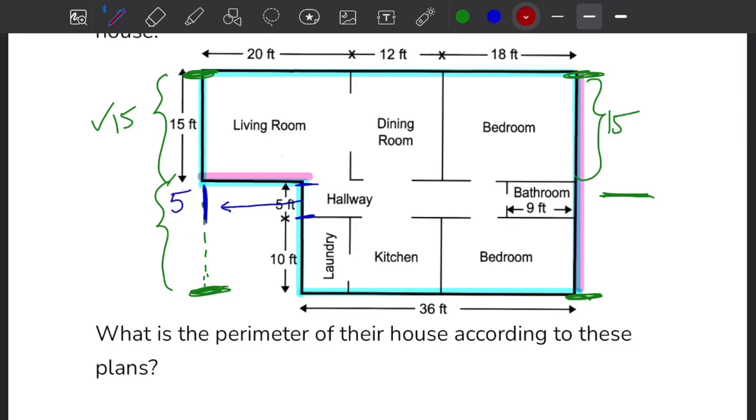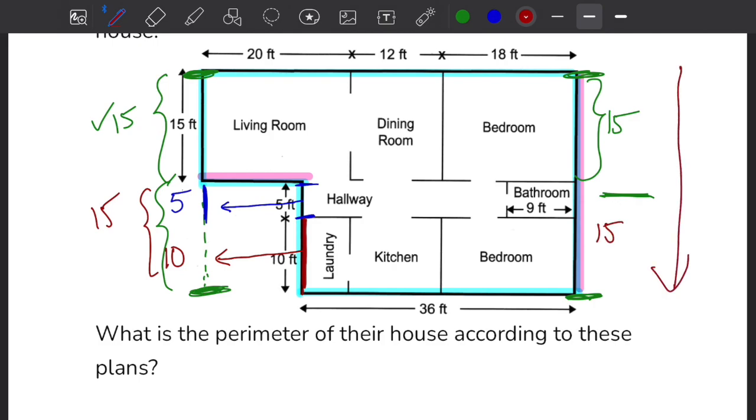I can also visualize that I'm taking this part of the house and I'm just sliding it to the left, so this is 10. Right? And that's totally okay because all of these are vertical lines, right? So it's totally okay. Now, if this is 5 and this is 10, together they are 15. So this is 15. Okay? That means the total distance from here to here is 15 plus 15, which is 30 feet.